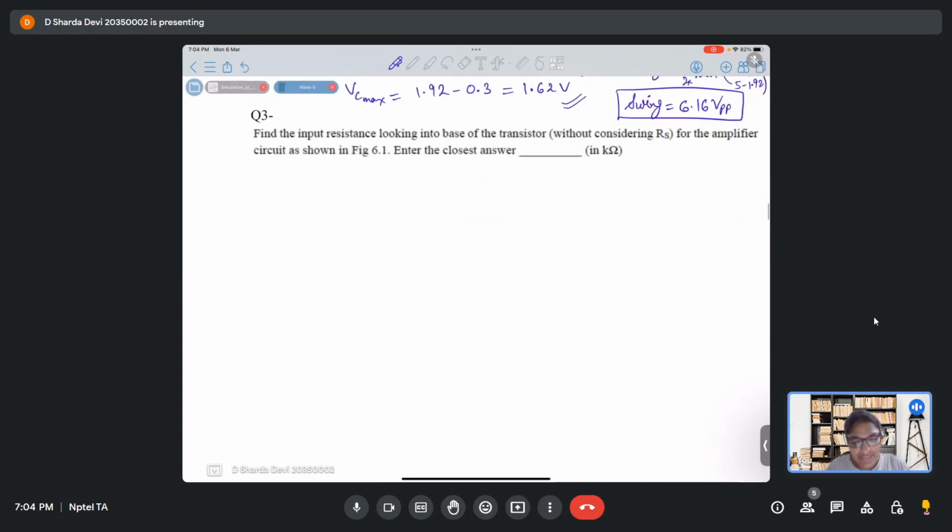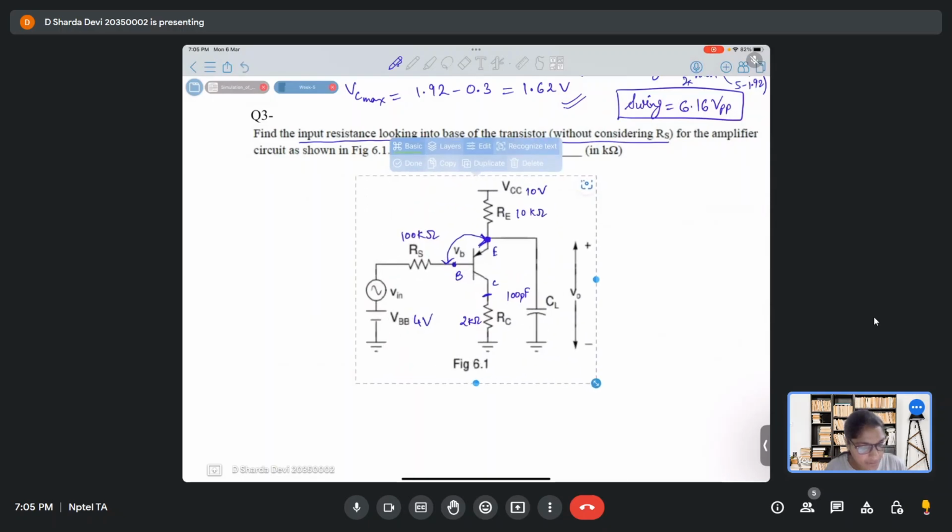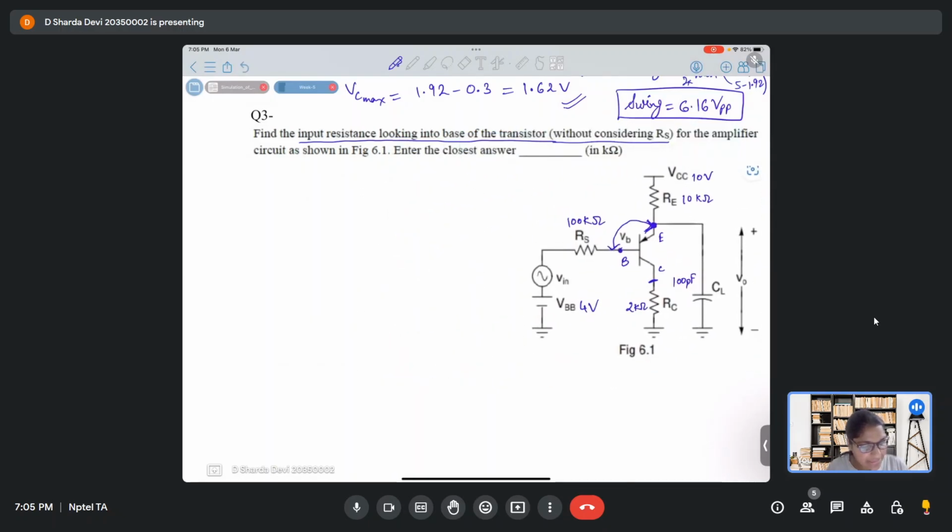Now the next question is to find the input resistance looking into the base of the transistor without considering RS. So in this particular circuit, we have to find the input resistance without considering this RS. What will be the resistance? Shall we make the small signal model for this and then solve for the resistance? It will be easier, right? So let's make the small signal model for this transistor.